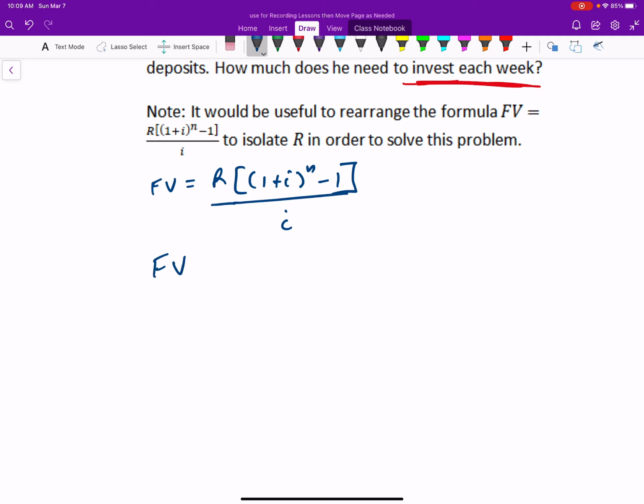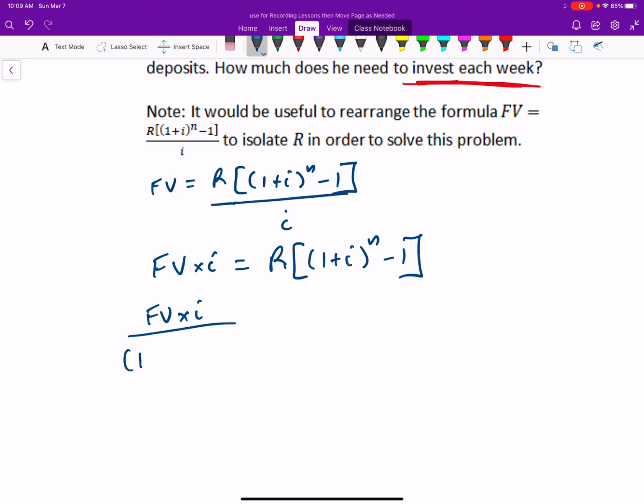So FV times I gets it out of the bottom, and I've got R times 1 plus I to the n minus 1. And then, again, just to get R by itself, I can take this entire bracket and divide both sides by it. It'll get rid of it on the right-hand side, and what I'm left with is FV times I over 1 plus I to the n minus 1.